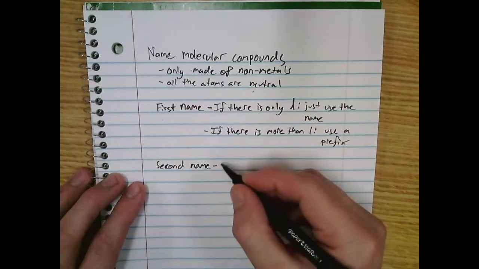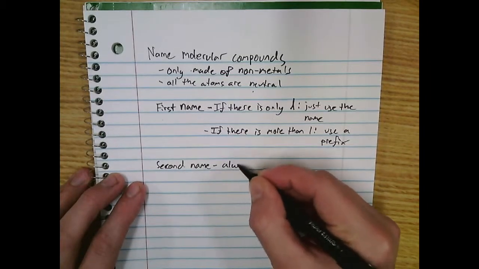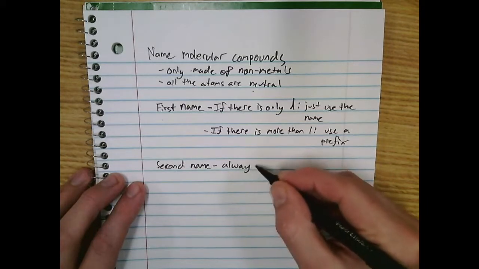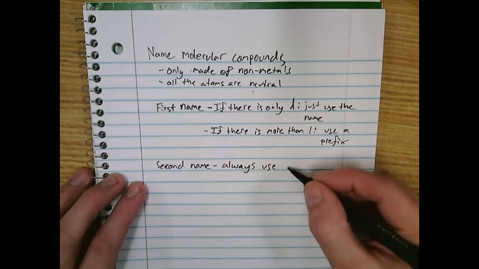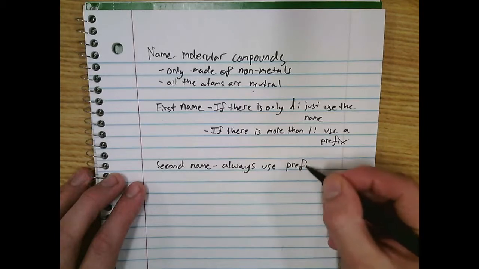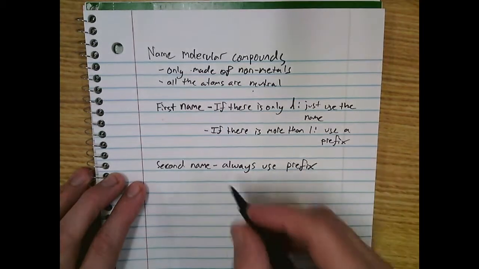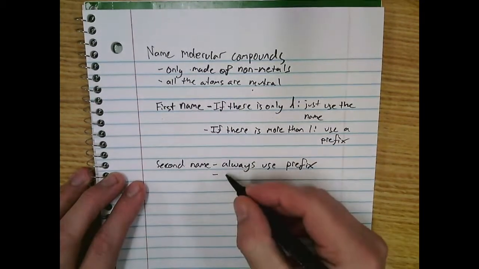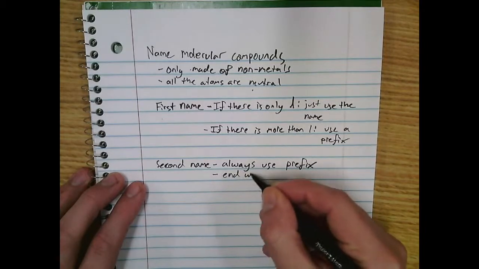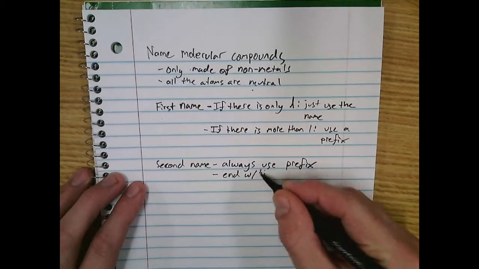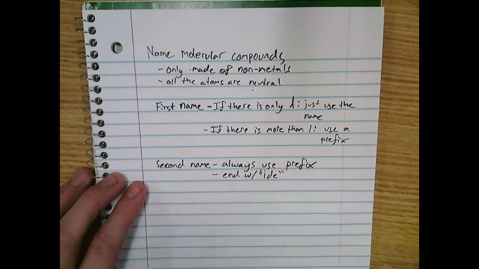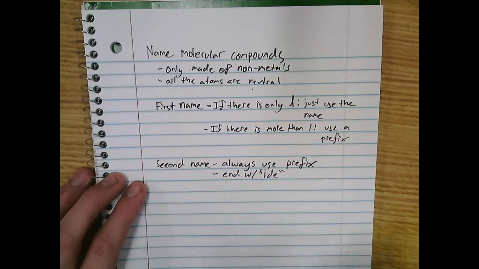For the second name, we're always going to use a prefix, even if there's just one of it. And just like with ionic compounds, we're going to end with "ide." So you'll hack off the end of that second word, and you will end it with "ide."